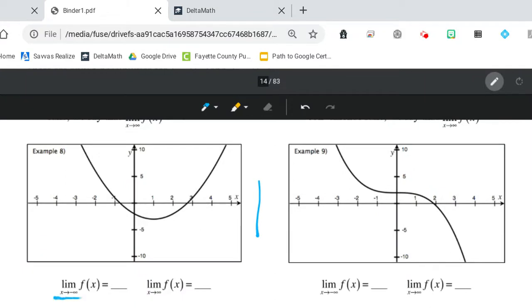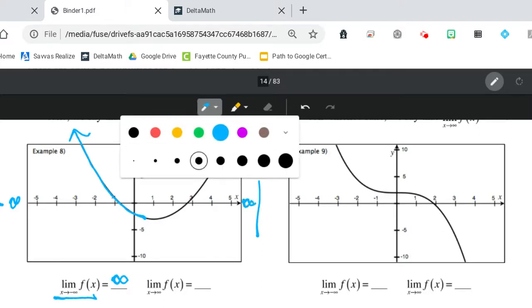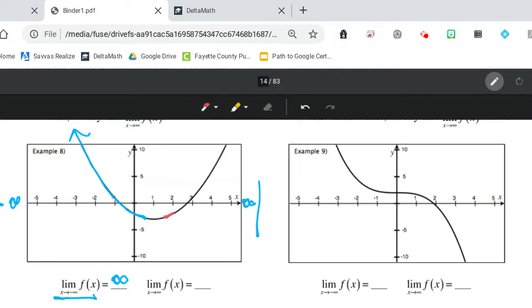So the limit as x approaches negative infinity of f of x. If we say negative infinity is in that direction, as the x values get smaller and smaller, the y values are increasing. So the y values approach infinity. And the limit as x approaches positive infinity, that's over here. As the x values get larger and larger, the y values also are increasing towards infinity.